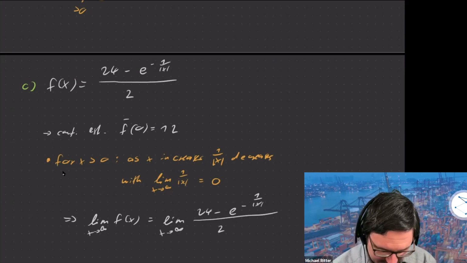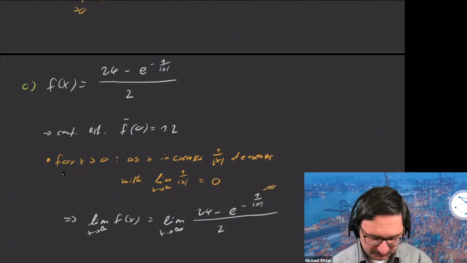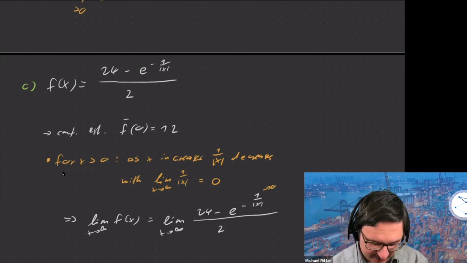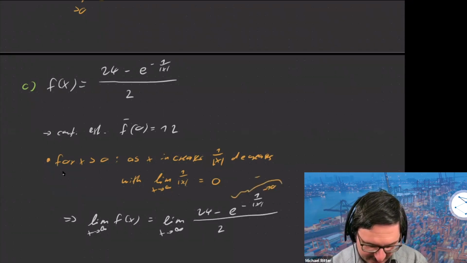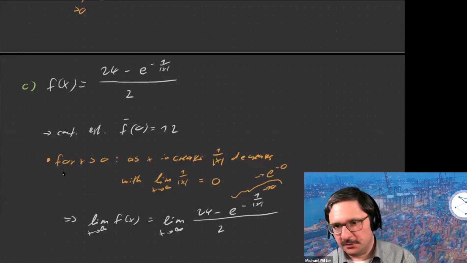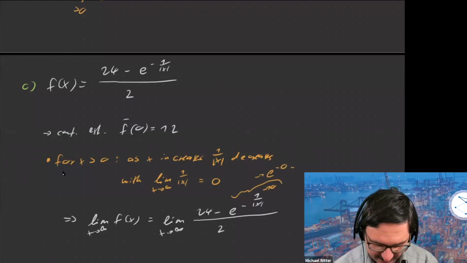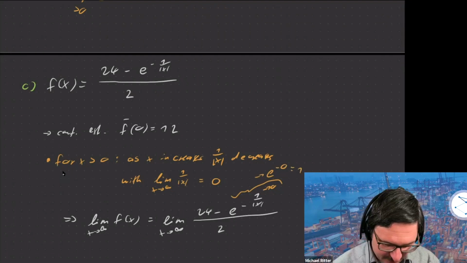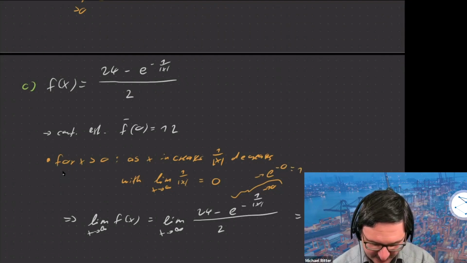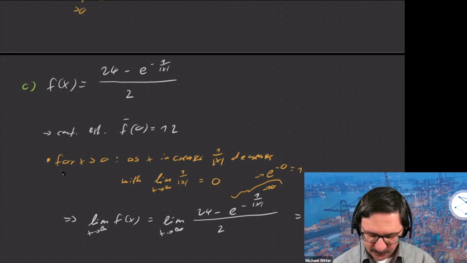And as I said, this here tends to 0. So this expression will tend to e to the minus 0, or e to the 0, which is 1. And that means what we get as the limit is 24 minus 1 over 2, or 23 over 2.